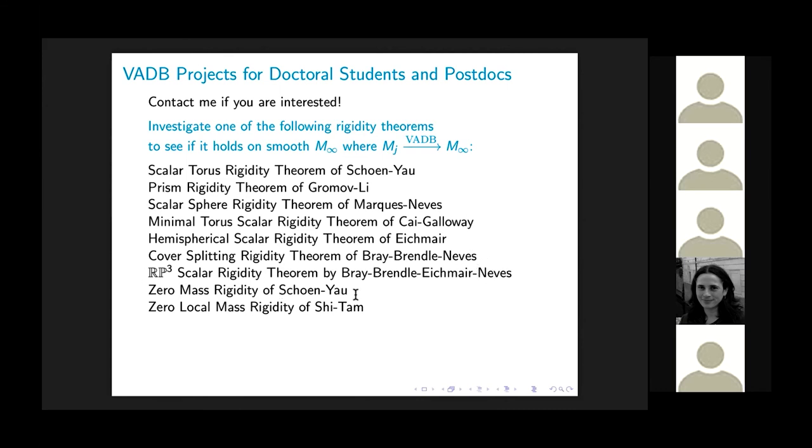And then there's the zero mass rigidity theorem of Schoen and Yau. Now, that's part of the positive mass conjecture. The positive mass, sorry, it's a theorem now, but everyone still calls it a conjecture. What? I'm old, okay.